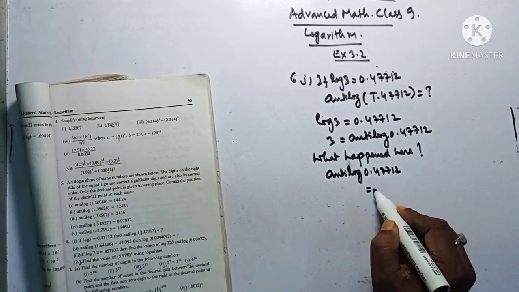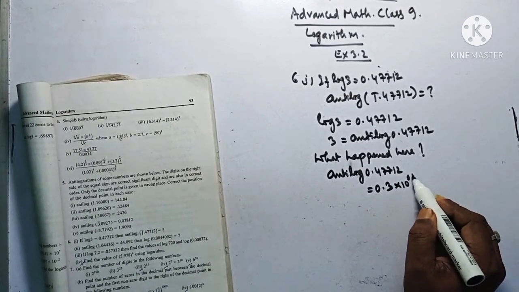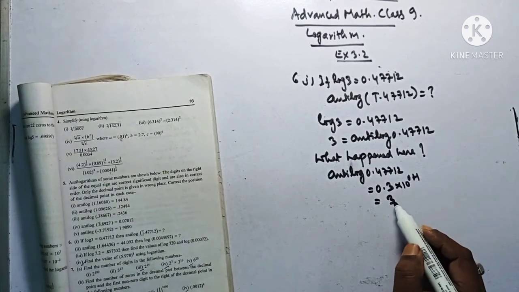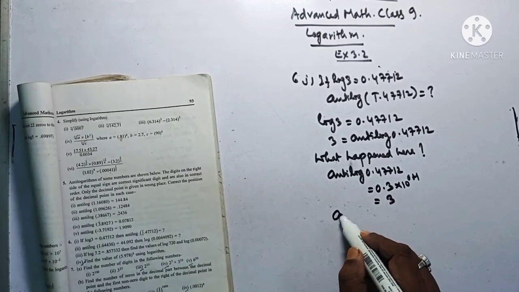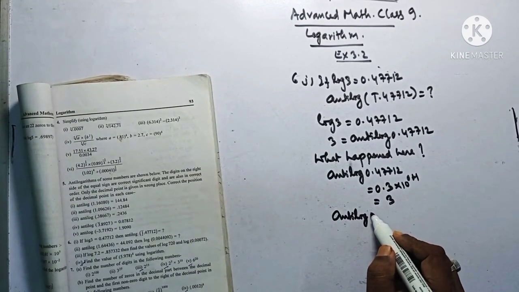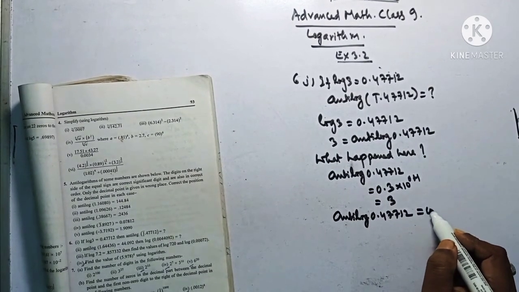You got 0.3, and since your characteristic is 0, 0 plus 1, it comes out to be 3. So from here we conclude that antilog of 0.47712 is equal to 0.3.